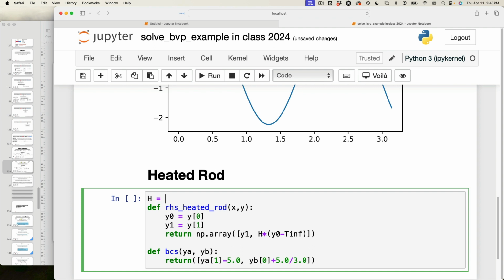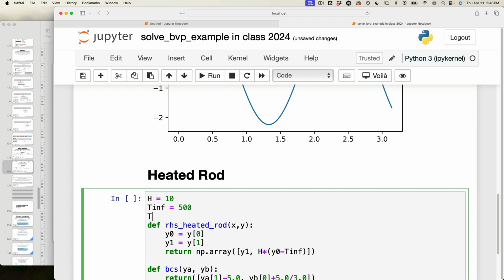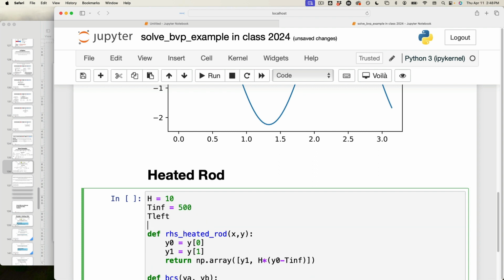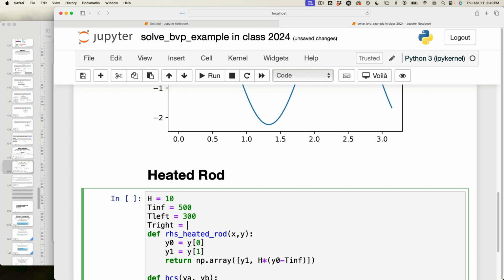So h is equal, let's say, 10, whatever that number is, and then we'll change it as we develop the solution. And T infinity, so that's the air blowing, let's do 500. I need T left and T right. T left, let's say at 300, and T right is equal to 300. So equal temperatures at both ends, but we're blowing hot air at the rod.